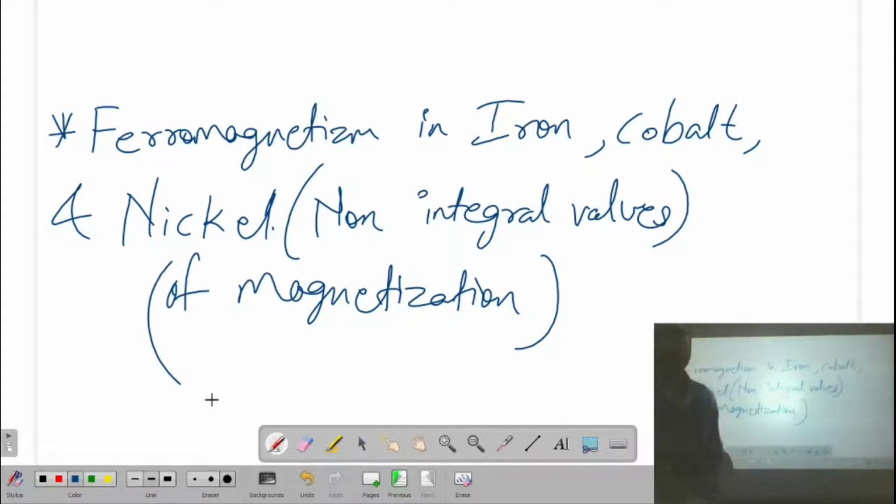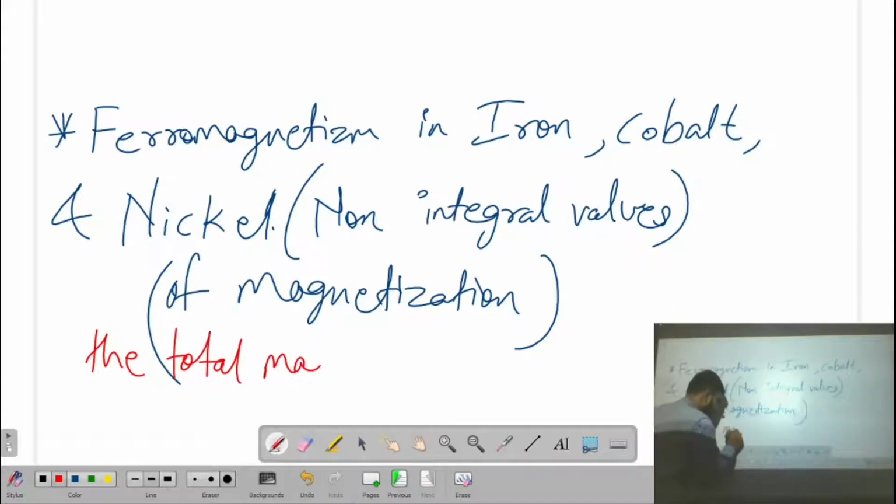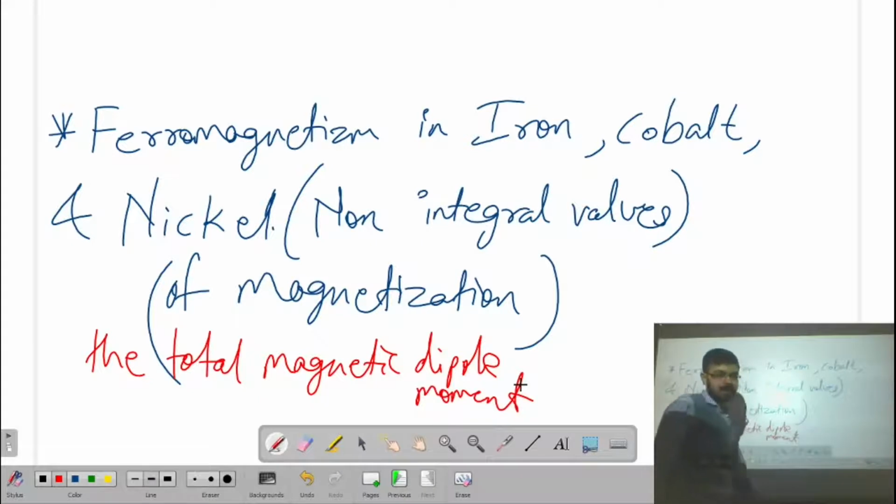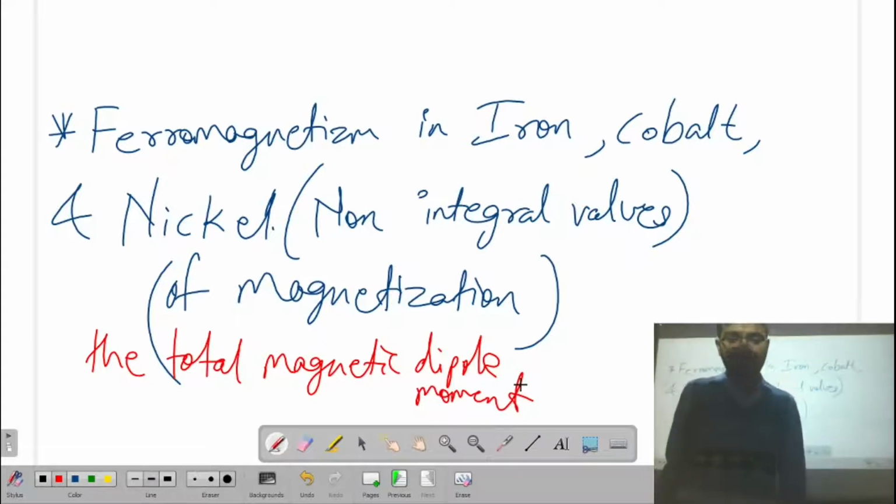Non-integral value of magnetization means the Bohr magneton, or the total magnetic dipole moment.